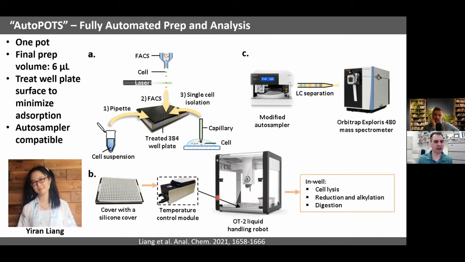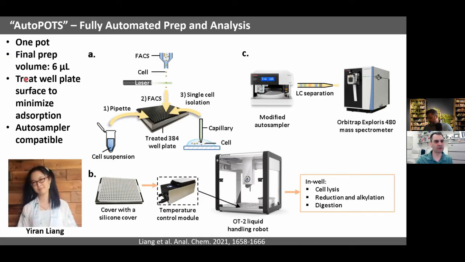So that's what we've more recently done. And I should mention that we're splitting what we do in our lab now between nanopots for ultimate sensitivity and autopots for a fully automated push button workflow.